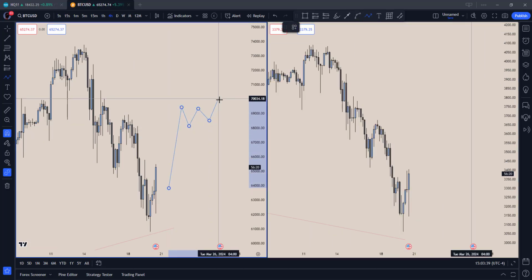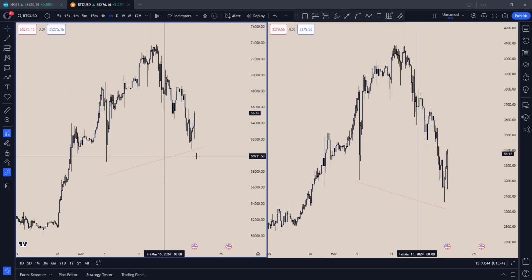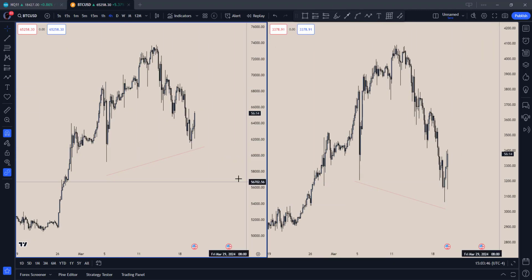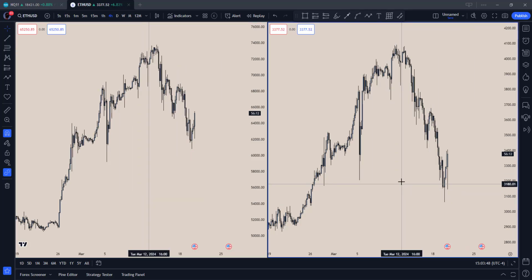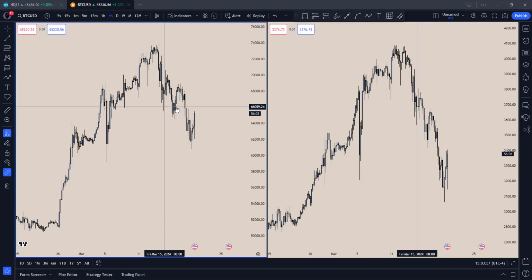Break that consolidation higher. I can see that happening. The only thing I would wait for though is for Bitcoin to take this high. That would be that market structure shift, right? And that'll confirm that your SMT is put in.